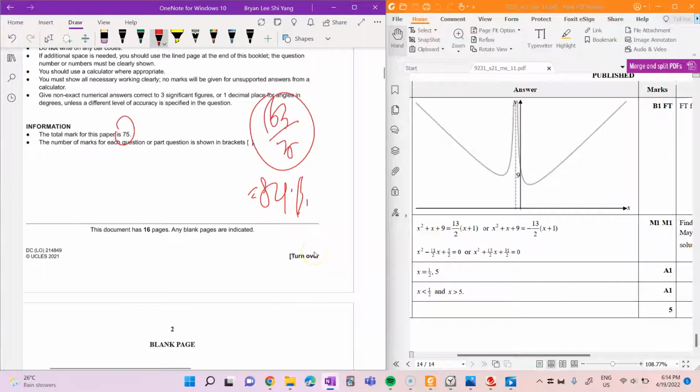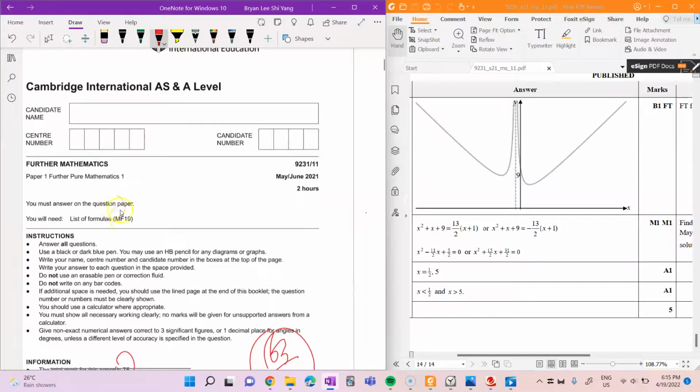But again, it's because of the many small mistakes that pile up. Again, I advise you to double check every single question that you do, so that you don't make the kinds of mistakes that I've done. I'm just showing you in real time what I've done. Since they allocate 2 hours to this question paper, do use the remaining time to check whether you have done something correctly or not.